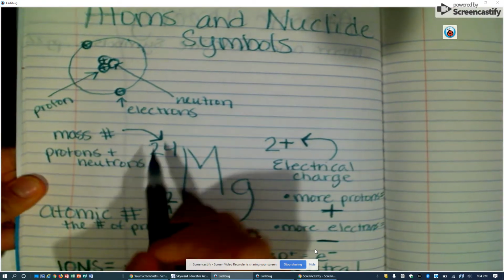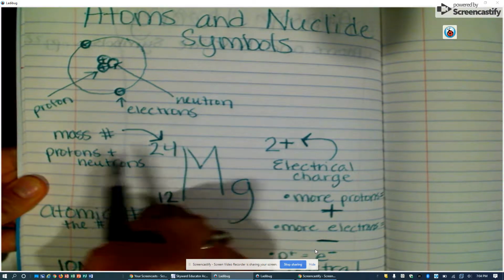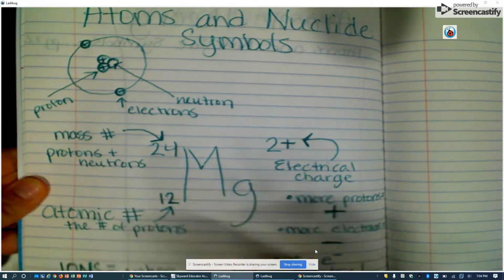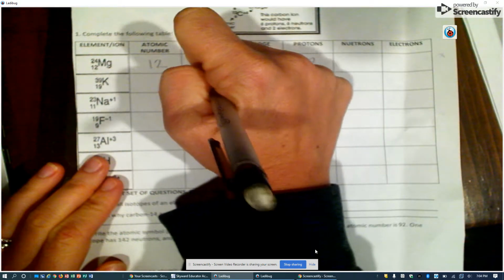Now our notes also tell us that the upper number right here is the mass number, and it's the protons plus the neutrons. So we can write in our mass number. We have 24, and it told us it was protons plus the neutrons. So if we make this into a math problem, we would have 12, our protons, plus our number of neutrons equals 24.